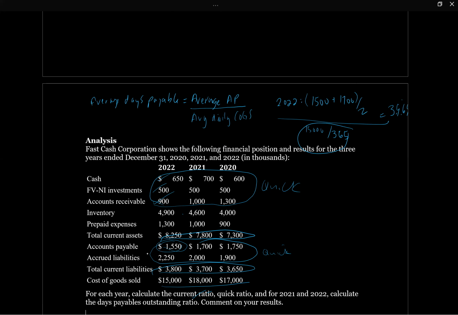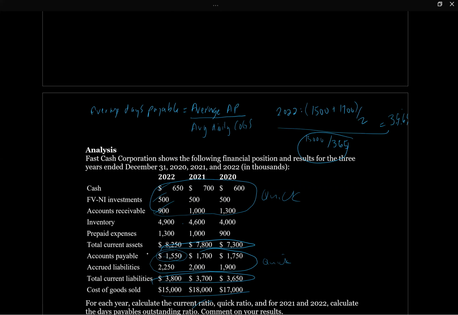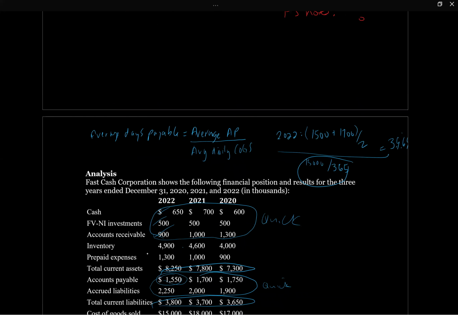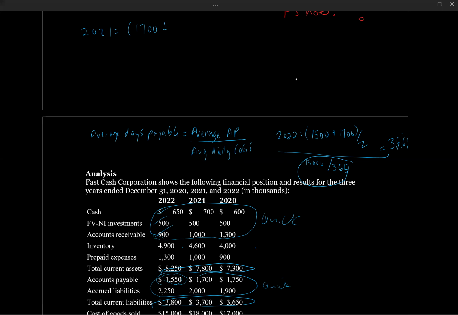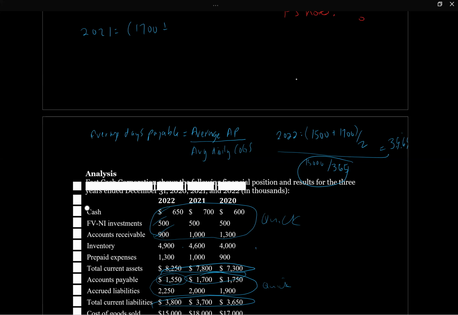And now we can do the same thing for 2021. I'm just going to put it up here. I'm running out of room here, sorry. So our average AP for 2021 is going to be 1,700 plus the 1,750, these two amounts here, divided by 2.